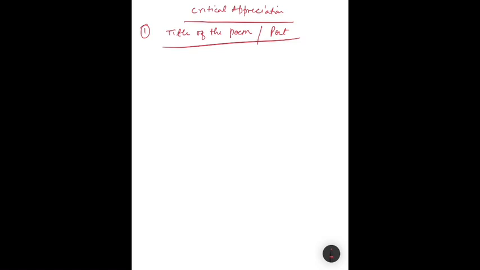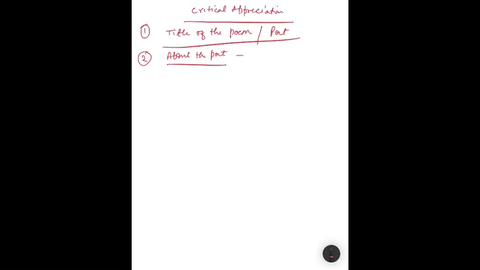And when you are going to analyze it, evaluate it, you should write something about the poet, because we have the impression of the poet on the poem. Maybe there must have been some reason why the poet wrote that poem.